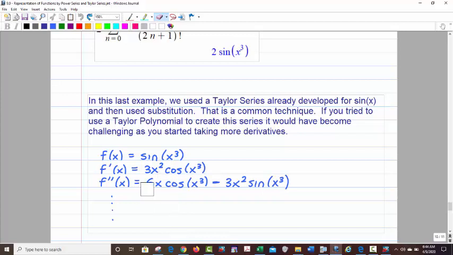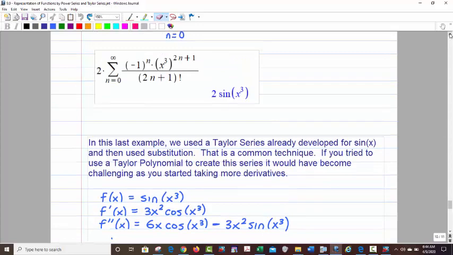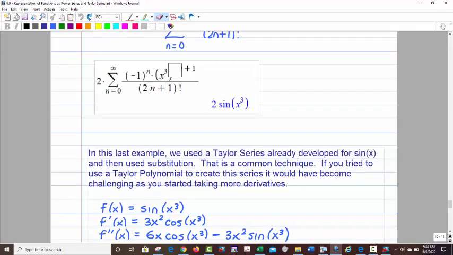And then the next derivative will be a product rule. But here's where we're getting ugly in a hurry: the next derivative is 2 product rules. Then the derivative after that would have been 4 product rules. And then we would have plugged the numbers in and tried to figure out the pattern. That might have been doable.